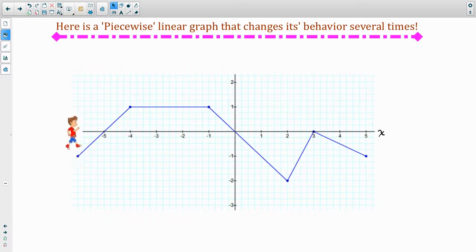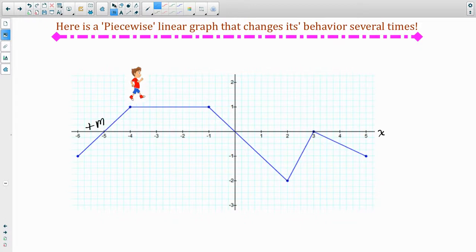If we take our walker and we come here, we can see that between that interval, he was going uphill. So this part of the line will have a positive slope.